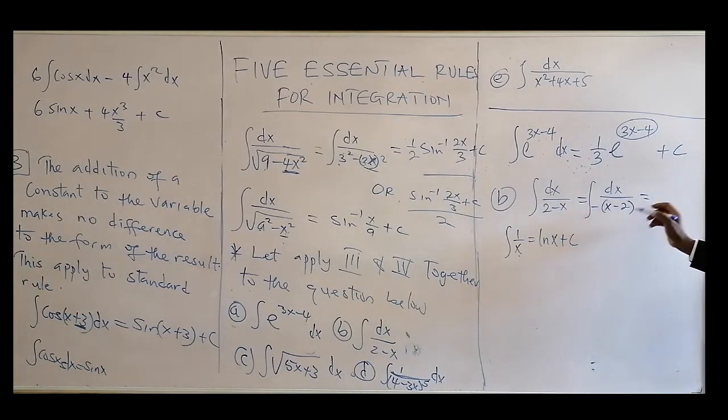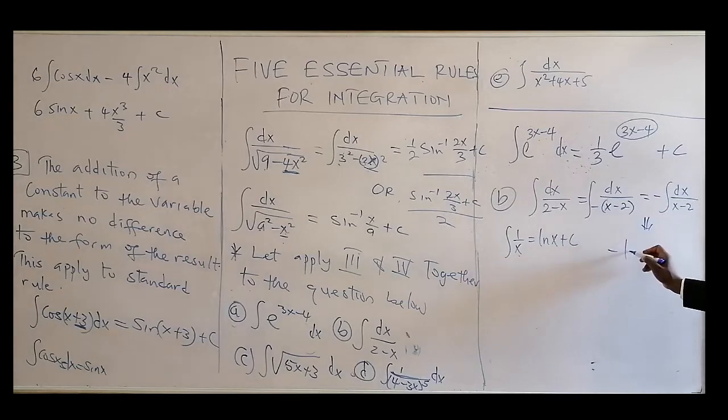So you can take this one outside the integration, which will be minus into brackets dx over x minus 2. So now it makes sense. That will now become minus ln of x minus 2. And what you are doing here is that you are adding plus 2 to the function.